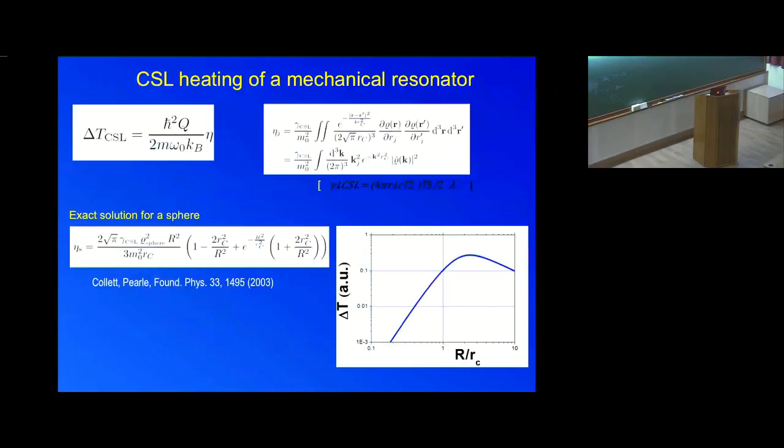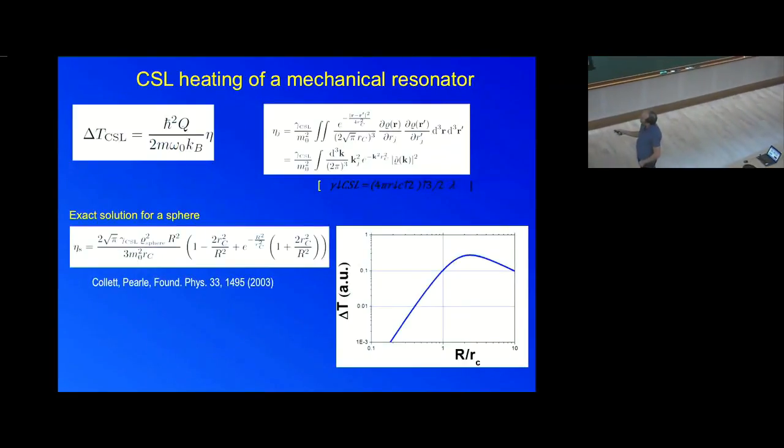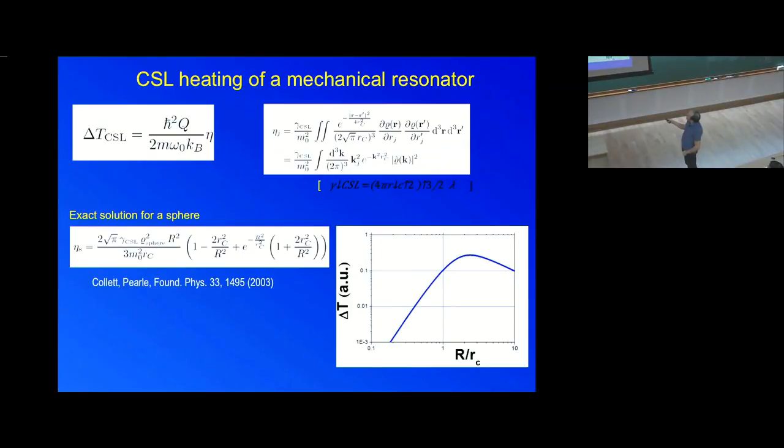So here I show also this maximum. Well, essentially, the theory predicts that this increase of temperature due to CSL contains some parameters of the resonator, but then you have this diffusion factor, which is this bloody integral, and lambda is actually inside here.